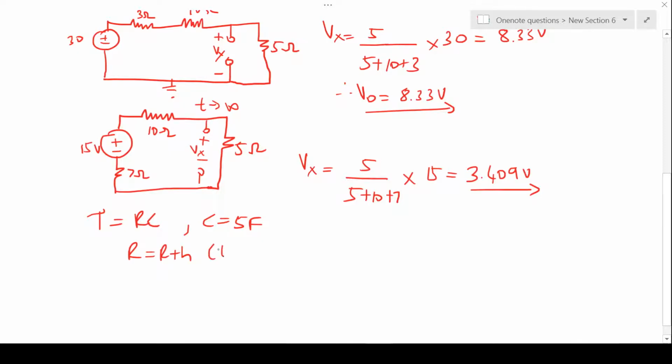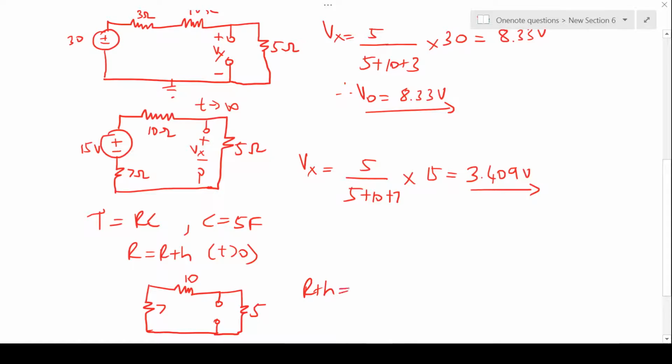We know that this must be at time t greater than 0, which would be in this scenario. So in this scenario, we know that the voltage source will become a short circuit. You're going to have your 7 ohms, your 10 ohms, your capacitor reference point, and your 5 ohms. So that's 5, that's 10, and that's 7.